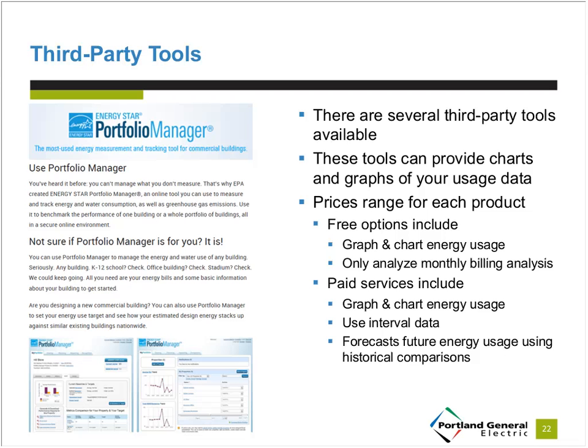So they are asking those customers to use Portfolio Manager to input their energy usage to get an Energy Star rating. Again, this is a free tool you can use. If you go to the Energy Star Portfolio Manager website, and we do provide a link to that at the end of the presentation, which we will mail to you.